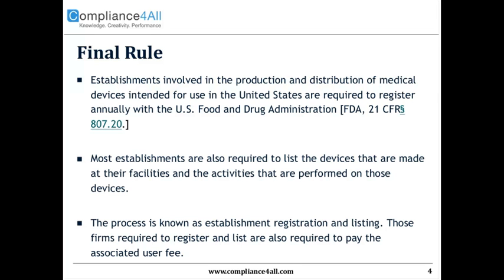That means most establishments are also required to list devices that are made at their facilities and the activities that are performed on those devices. Translation, this is known as establishment registration and listing. Those companies required to register and list are also required to pay the associated annual FDA user fee.